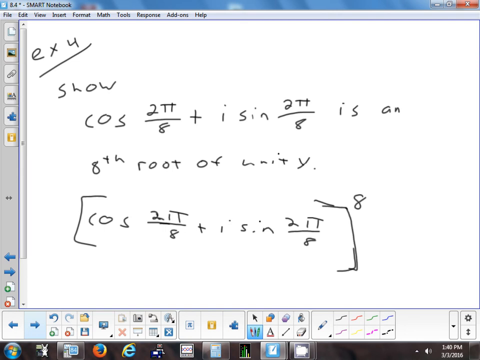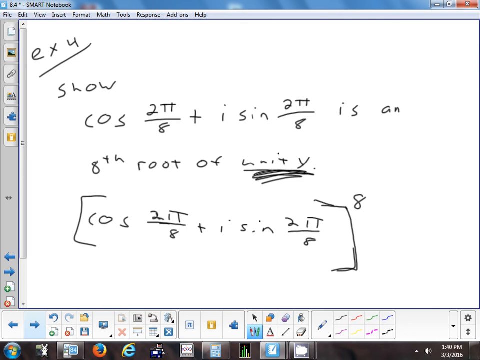We're hoping to get 1, right? We're proving that this is an 8th root of 1. If I said prove 5 is a square root of 25, you would hope when you square 5, you get 25. Well, I'm going to hope when I raise this to the 8th power that I get 1.